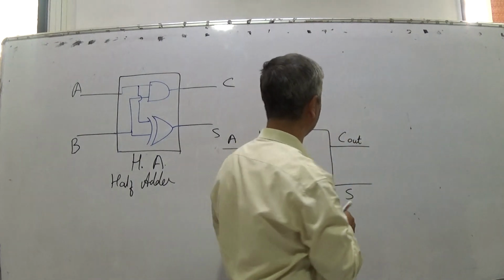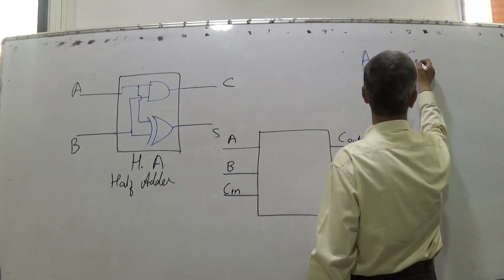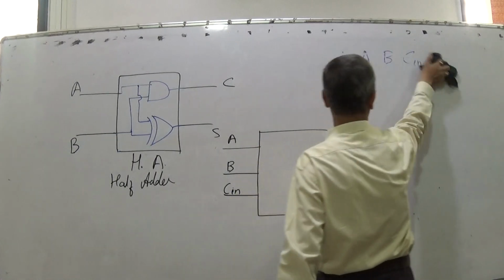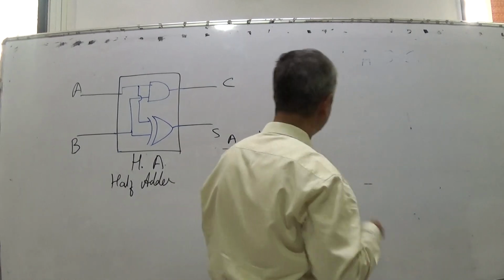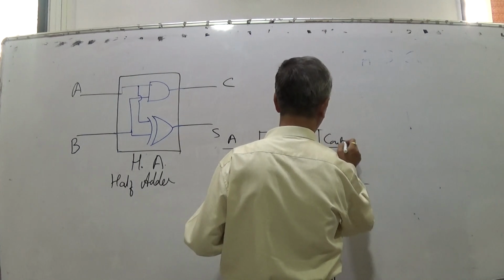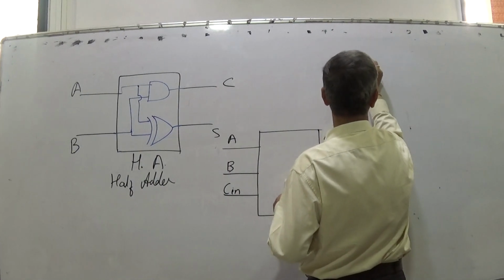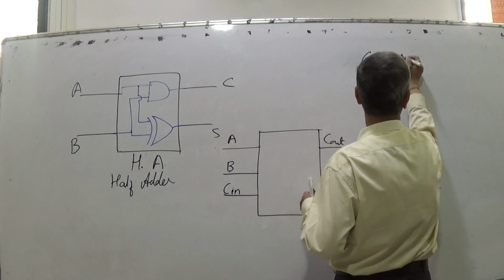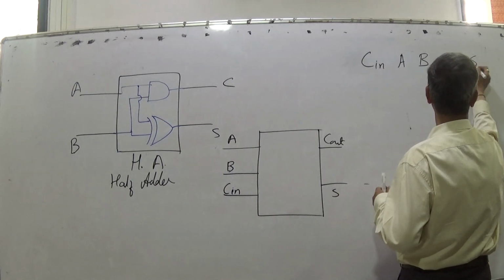So a truth table contains 3 input columns, A, B, C in. This is not wrong, but we write it in the reverse way. We write C in, A and B, and the output is C out and S.